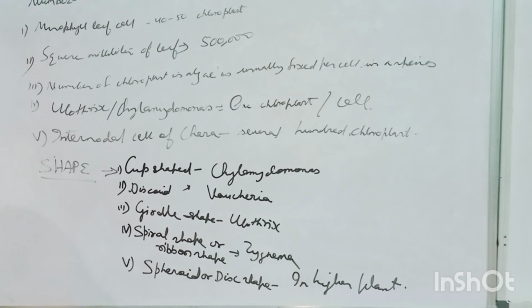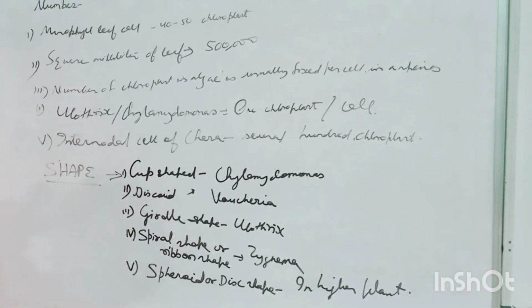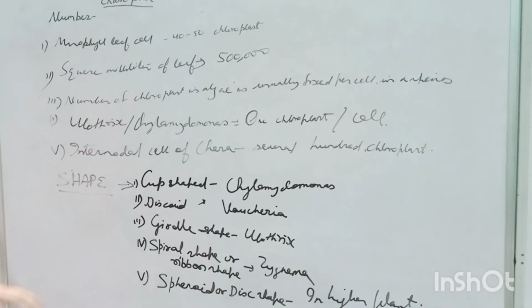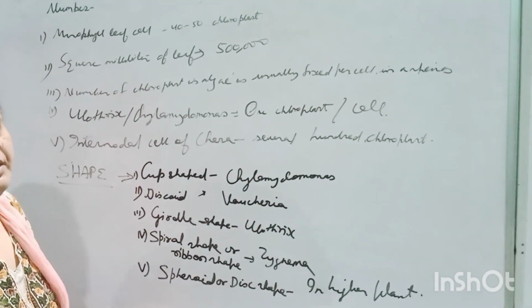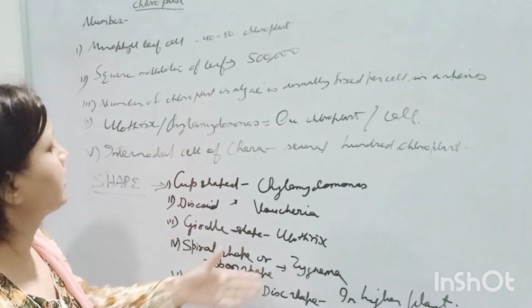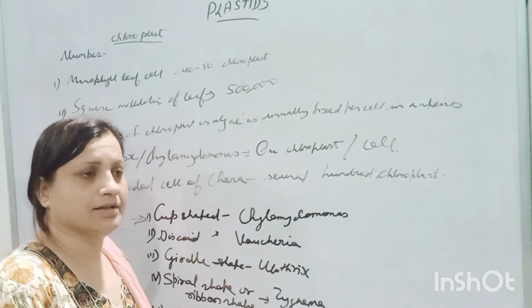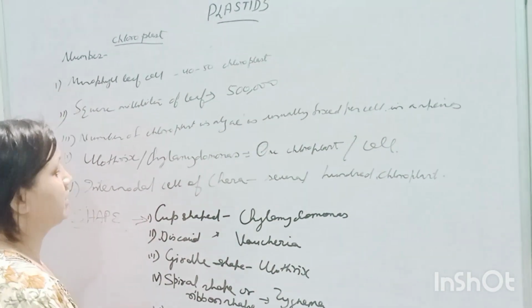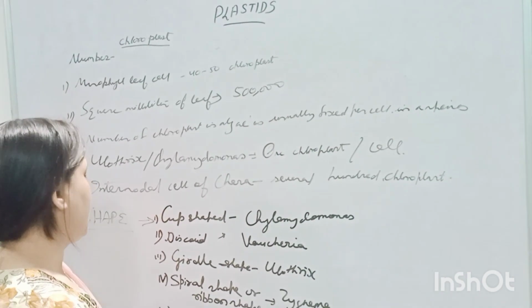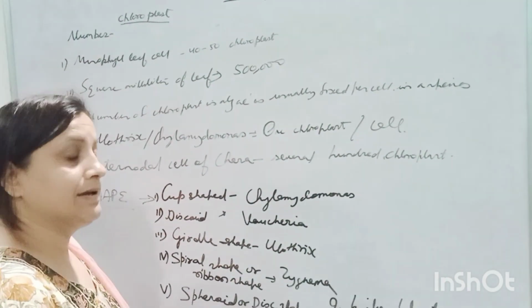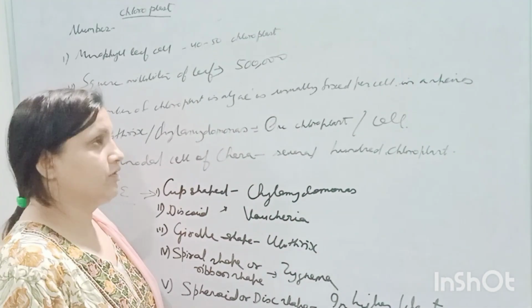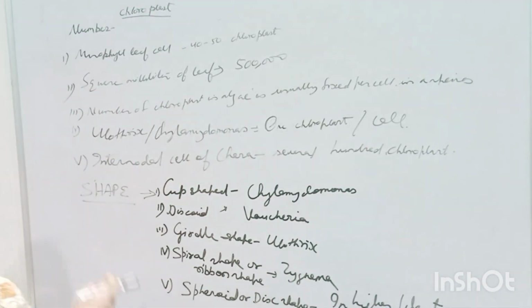So there are various shapes in which chloroplasts are found in different types of algae like Chlamydomonas, Vaucheria, Ulothrix, Zygnema. They all come under the algae and have different chloroplast structures. But in our higher plants, the shape which is mainly found is spheroid or disc shape.